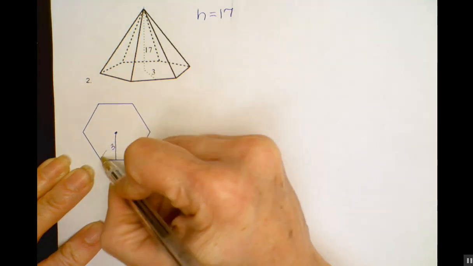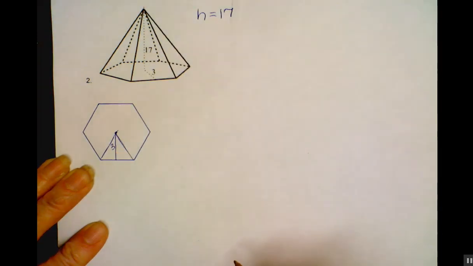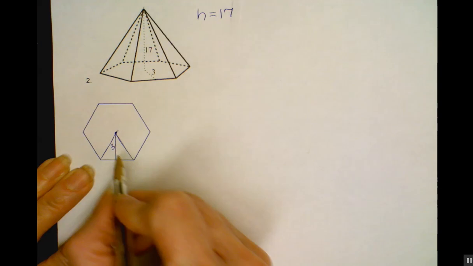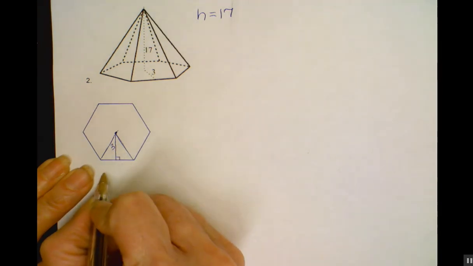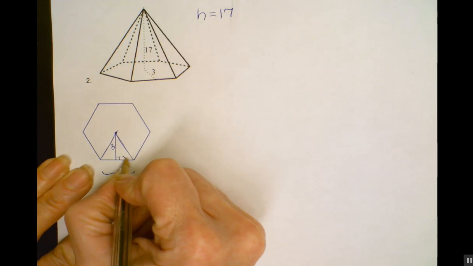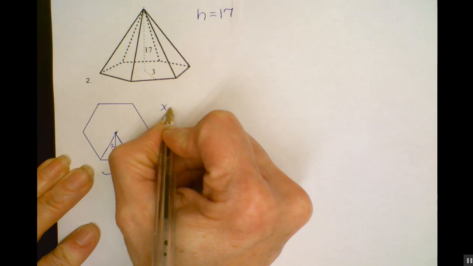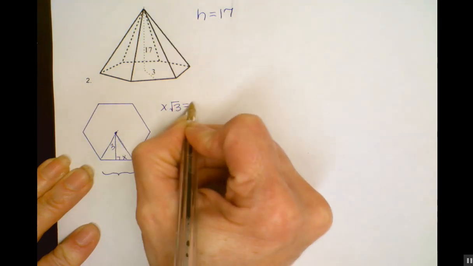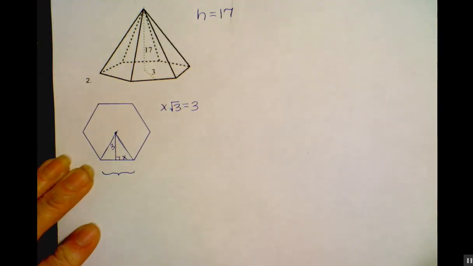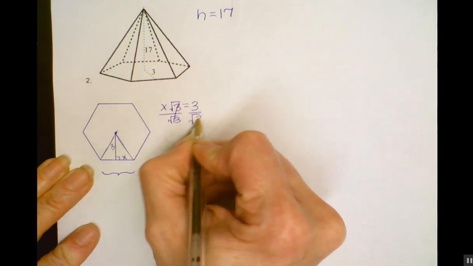All right, so we start by drawing our equilateral triangle, both those radii. And in this case, we're working toward finding the length of this short segment here so that we can determine the length of the side of the hexagon itself. To do that, we call this length x and use our 30, 60, 90 relationships. X times the square root of 3 equals the longer leg 3. Divide both sides by the square root of 3 and rationalize.